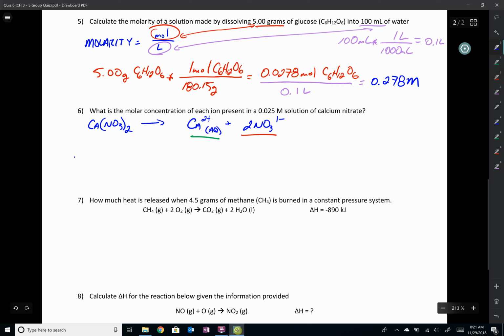If we start out with 0.025 molar calcium nitrate, for every 1 mole calcium nitrate, I have 1 mole of calcium 2 plus, which means that in solution I have a 0.025 molar solution of calcium ions.